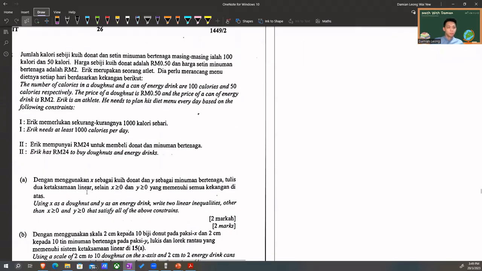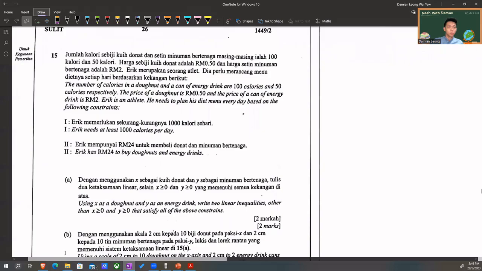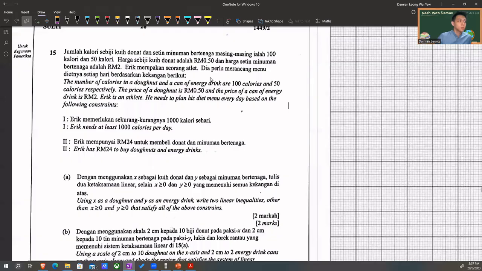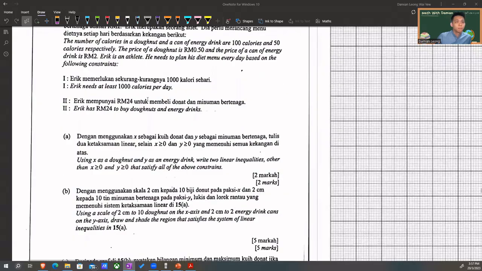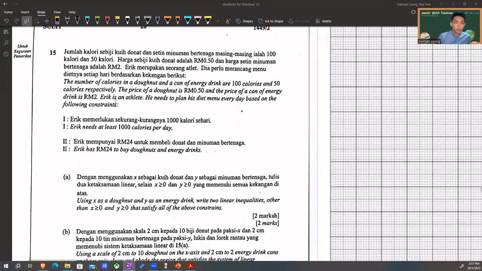Okay, then question 15. Right, so for question 15, I need to write the two linear inequalities based on the constraints here. So for part A, basically follow the first constraint. Eric needs at least 1,000 calories per day. X is for number of donuts, Y is for number of energy drinks.